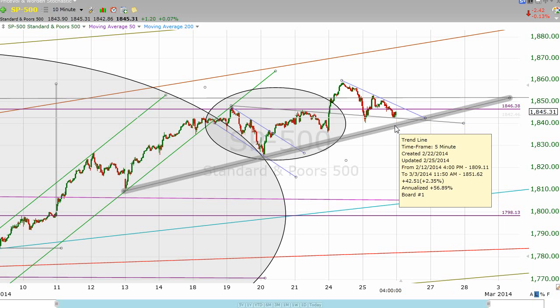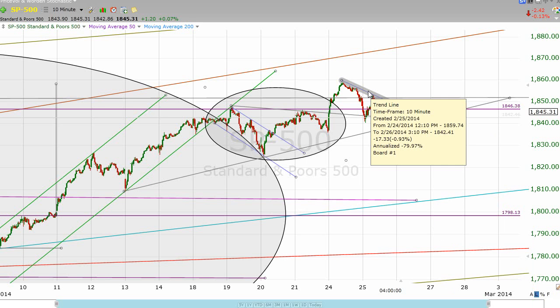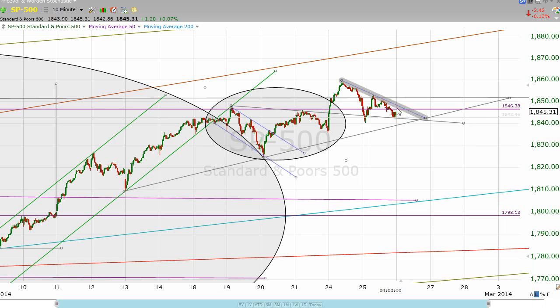I would put more importance actually on this little one right here, especially if we break up over it and we end up closing in the 1860s at some point this week. That would give me a really good sense about where we may be headed in the next probably 2 to 2.5 months.